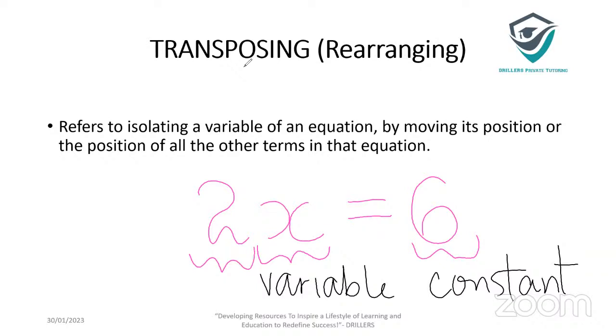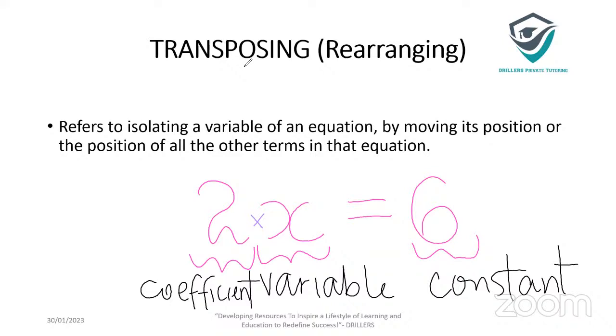When we have a number in front of a variable, that number is called a coefficient. A coefficient is a number that tells us that we have to multiply that variable, whatever value we get, that number of times. So when you have a number and a variable coming together, it's basically saying that we are multiplying in between here. We have to multiply that variable by that number, and that number is called a coefficient.